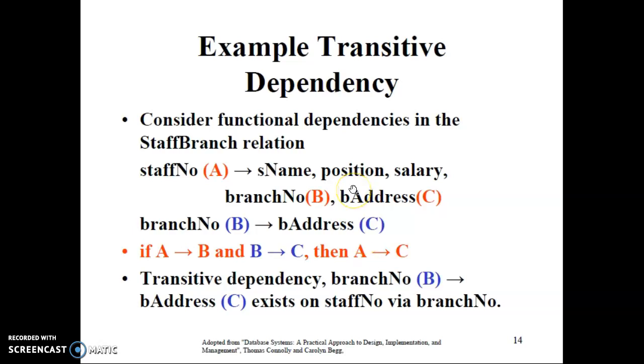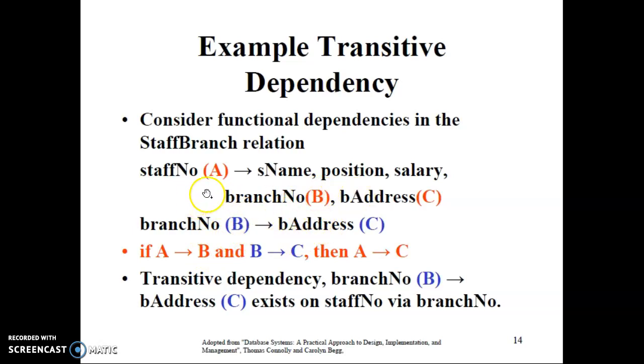Consider the following functional dependencies. There is a transitive dependency between branch number and B address. Let us see how. Staff number determines its name, position, salary, branch number, B address. So this is like A, this is B and C. Staff number determines branch number, and again branch number determines B address.